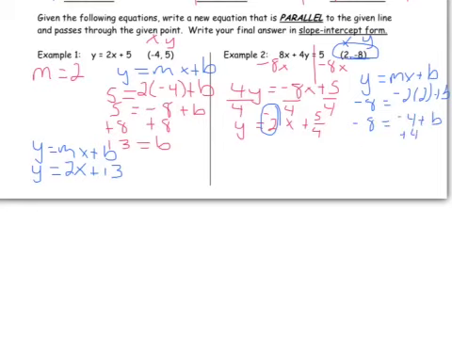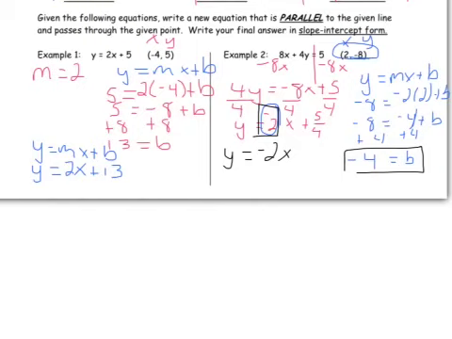Add 4 to both sides, and I get -4 equals b. Now I take that b and this slope, and I use that to write a new equation for the line that's parallel to this first one, or to this one. They're the same thing. So y equals -2x minus 4.